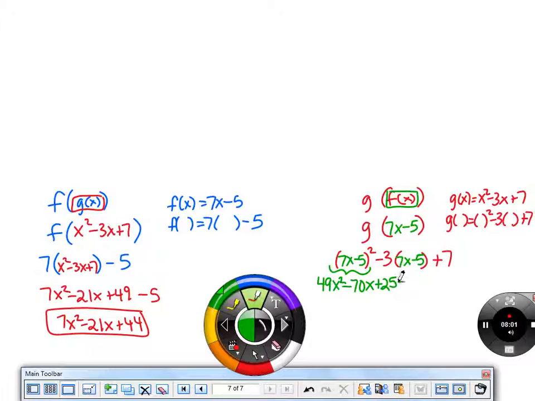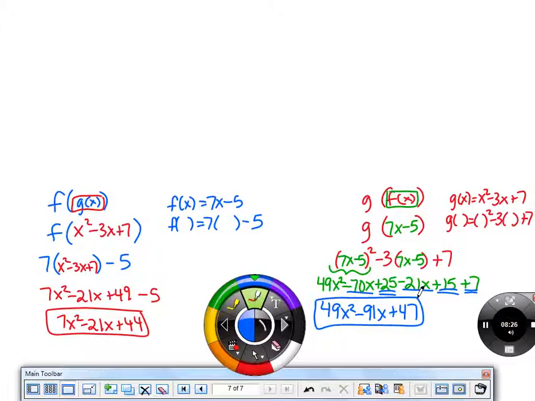Here you want to distribute the 3, so you should get minus 21x plus 15, and then we have a plus 7, and we're going to go ahead and combine like terms. So we have 49x squared, negative 70x and negative 21x are negative 91x, plus 25 plus 15, that's 40, plus 7, so plus 47.